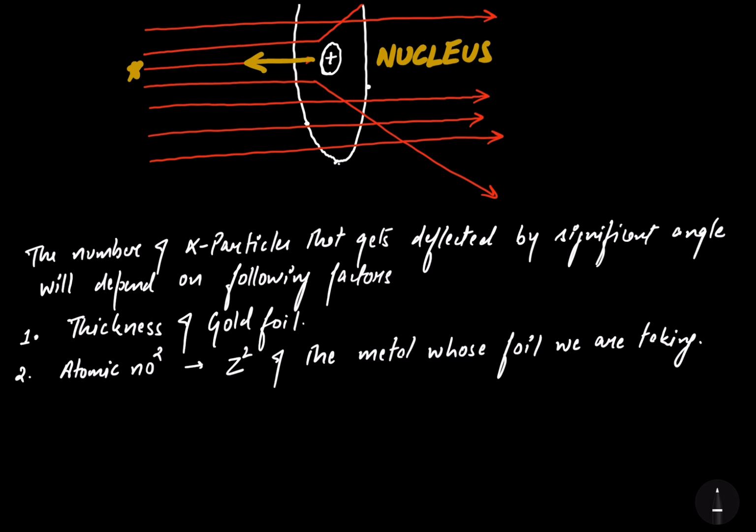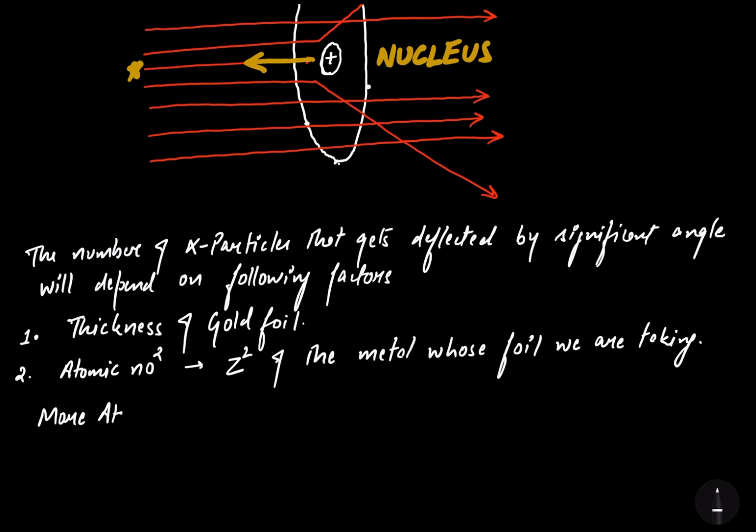Just think, if we are having more atomic number, that means there will be more protons in the nucleus. The very strong repulsive forces will be there then, due to which the number of alpha particles getting deflected will be increased.